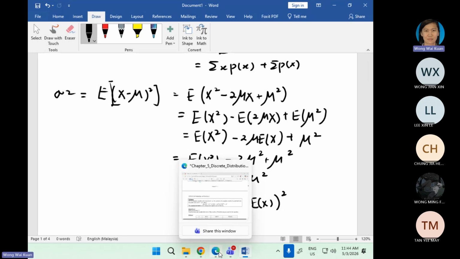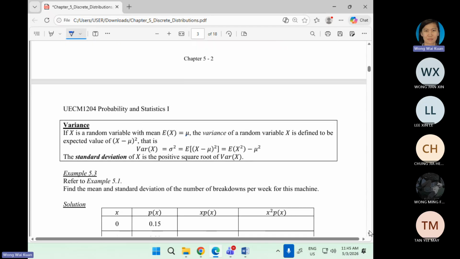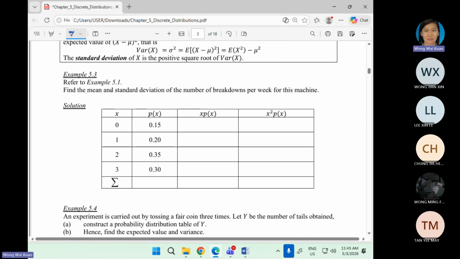Okay, then we go back. Now we do one example. This was the probability distribution that we have, the distribution in example 5.1. Can we find the mean and standard deviation for the number of breakdowns?